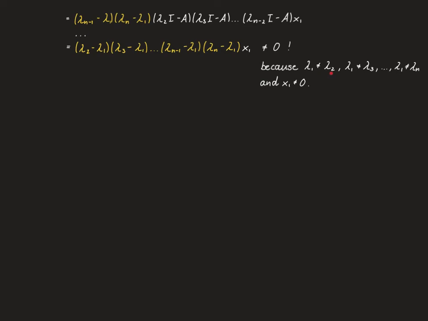So lambda 1 is not equal to lambda 2, lambda 1 is not equal to lambda 3, and so on up to lambda 1 is not equal to lambda n, and moreover, the eigenvector x1 is non-zero.